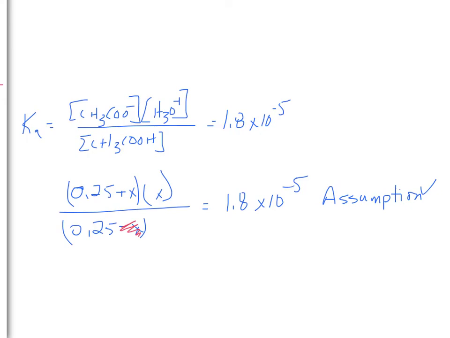That also means that if I add x to 0.25, I will also not get a change. That makes the math very simple. The pH in my buffer will be the negative log of x, which equals 4.7.